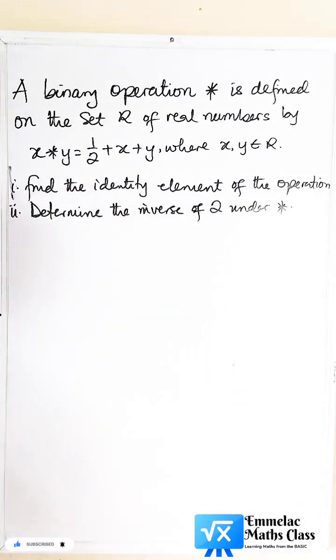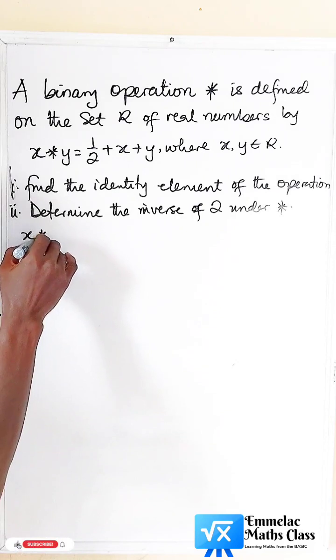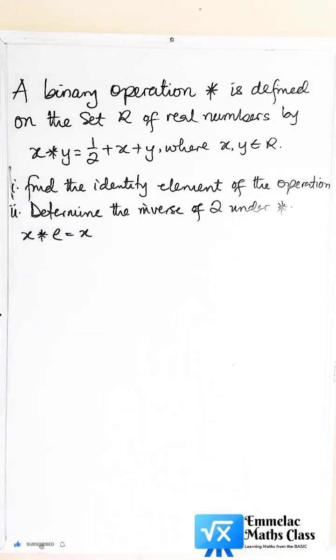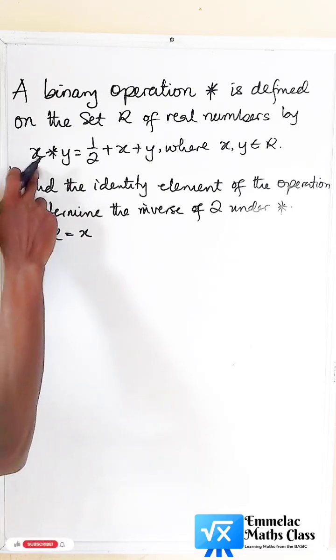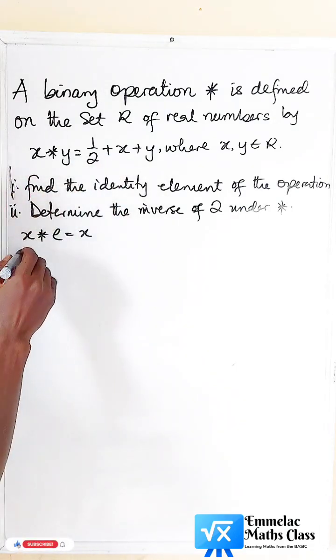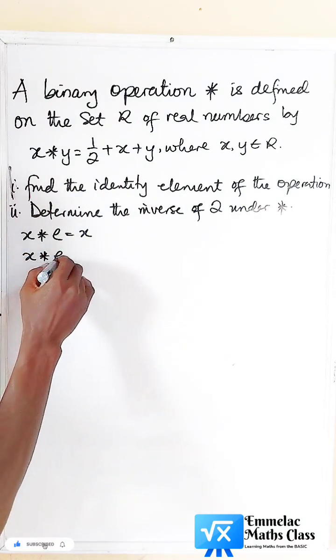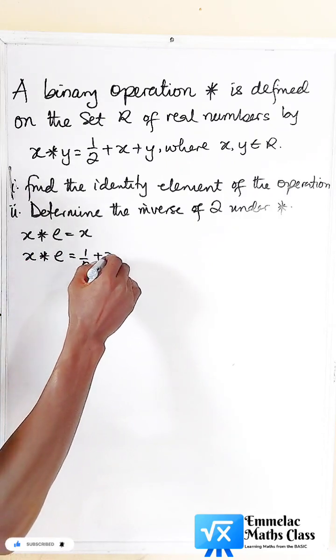Now let us take note that for the identity element to be true, x operation identity element must give you x. Now let us plug the identity element into the above equation. So here we have x operation e equals 1 all over 2 plus x plus e.